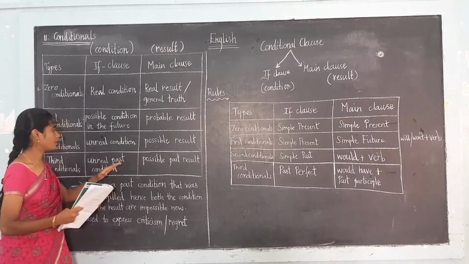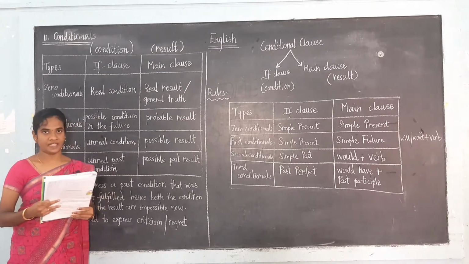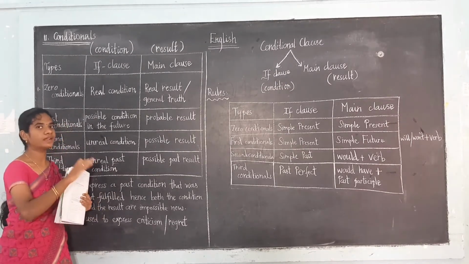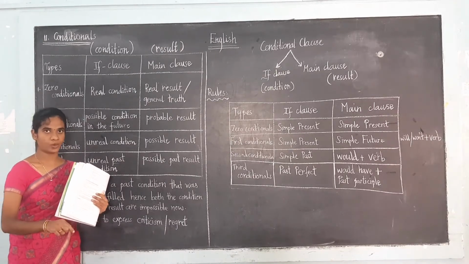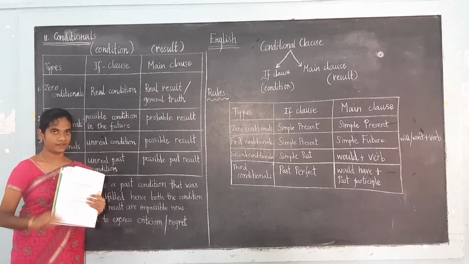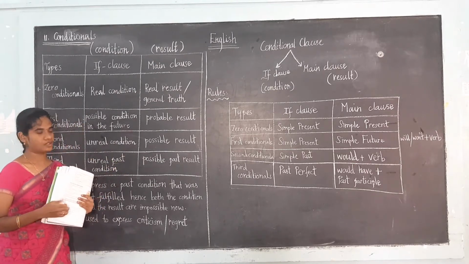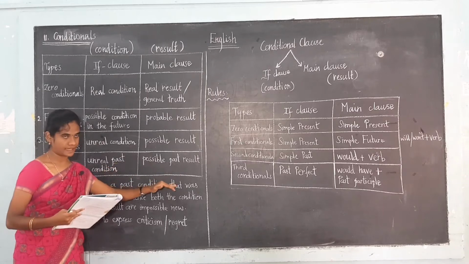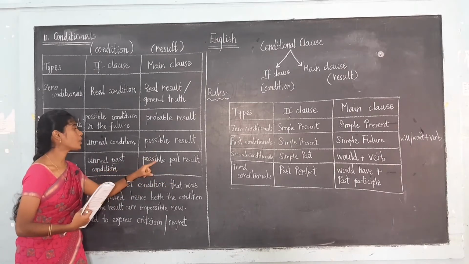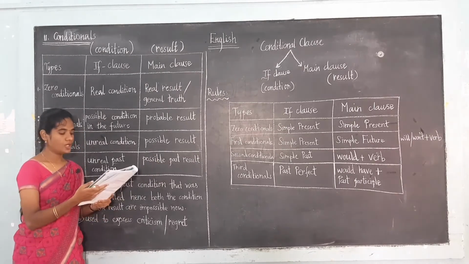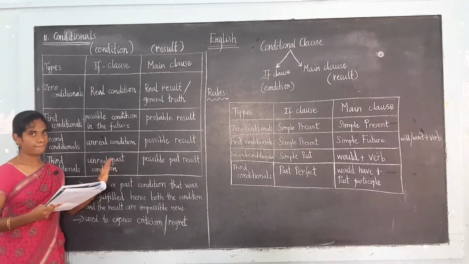Because the things that happened in the past will not happen in the present. At the present moment, the situation or the condition will not happen. In the past only, it had to happen. So only I have written the past here: an unreal past condition, and it has these possible past results, which cannot happen in the present.